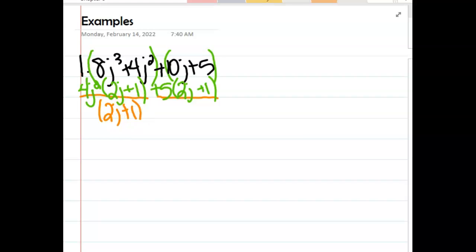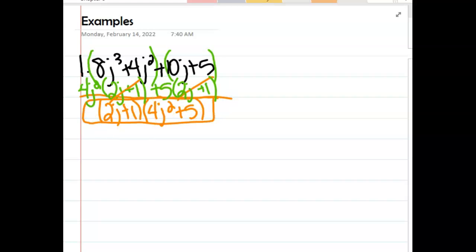Just like how we factored out the 4j squared from both of those and wrote it out front, that's exactly what we're doing here. We're taking that 2j plus 1 and factoring it out. So when I factor out the 2j plus 1, I'm left with 4j squared plus 5. That's your answer right there.